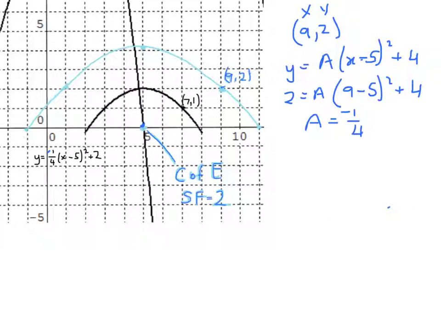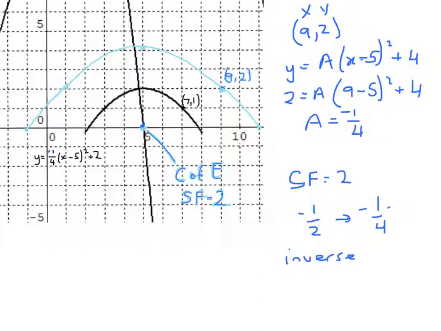So what I can see from this graph is when I have enlarged it by a scale factor, my scale factor is 2, my coefficient has gone from -1/4 to -1/8. So I have an inverse relationship.